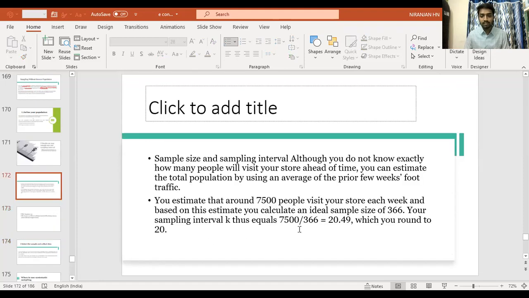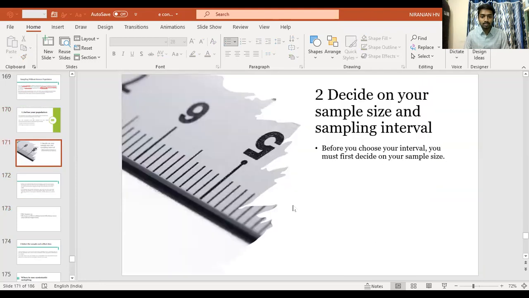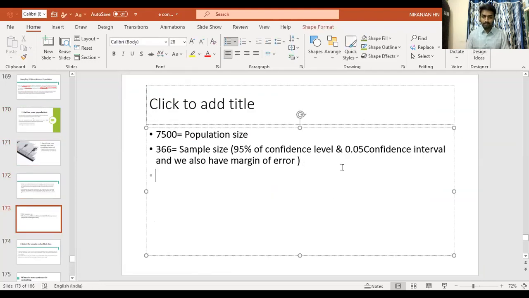Out of the sample size, if you divide 7,500, I'll tell you with the formula, wait. K equals regular interval. So to find K, we need capital N. What is capital N?